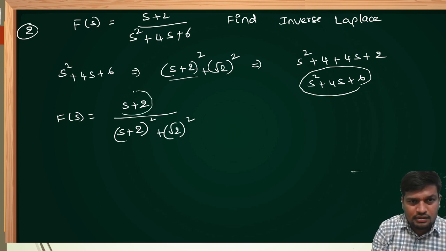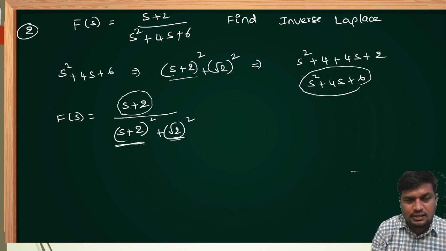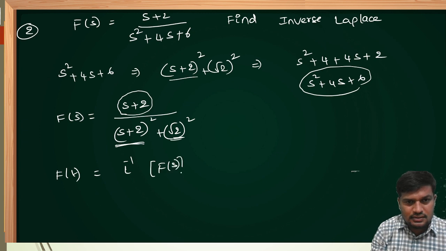Now it is in the form of (s plus a) upon (s plus a) whole square plus b square. So we have the formula. Now f of t equals L inverse of F of s.